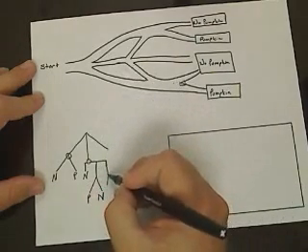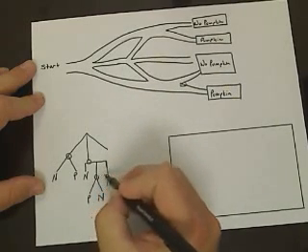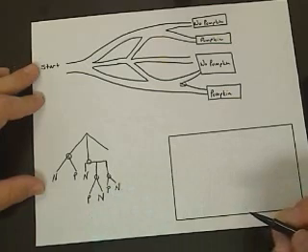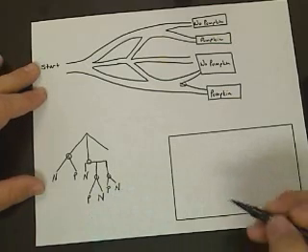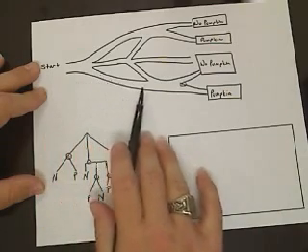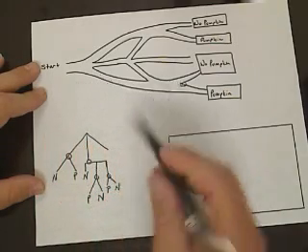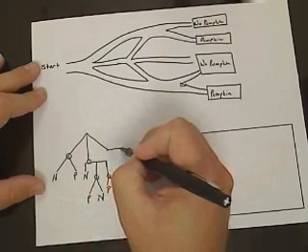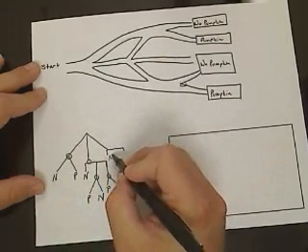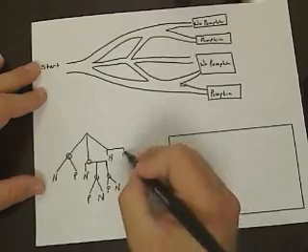So this would break off here, and there would be pumpkins or no pumpkins. And then if we take the lower path at the beginning, we see that there's a second event. And that second event gives us no pumpkins or pumpkins.